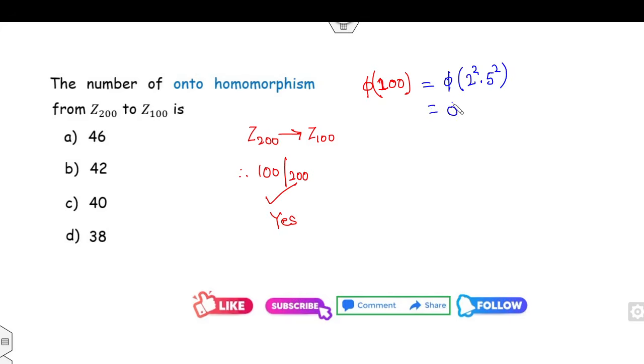So I can break them: 4 is 2 raised to power 2, so its phi is n by 2, that's 2. For 25, I use 1 minus 1 over p, so it's 2 into 25 into 4 over 5. The 5 will be cancelled out. 40 is the right answer of this problem.